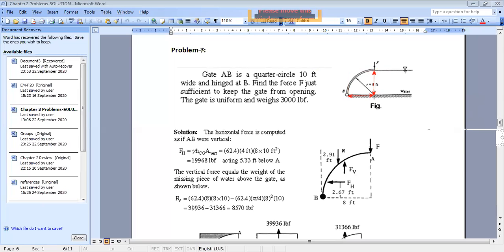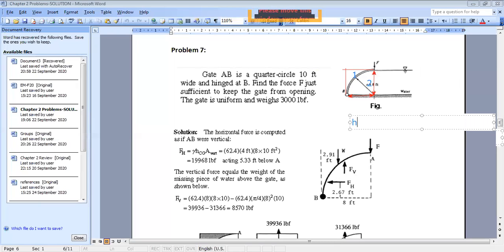As you can see, it's divided into two parts. This is called the missing part. This is part 1, and part 2 is the real volume of fluid. But when I do H times the bottom area, what do I obtain?